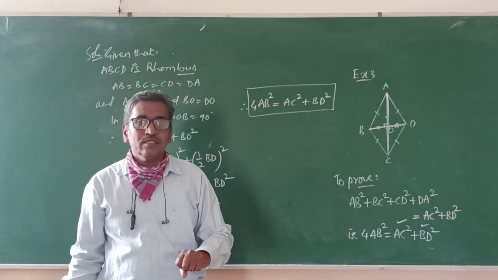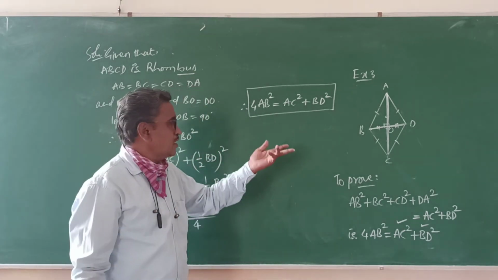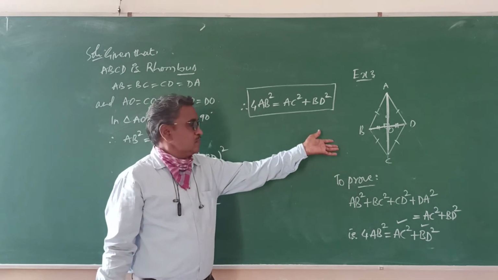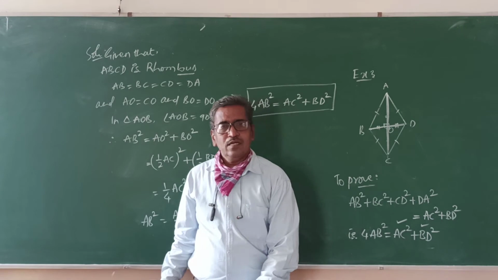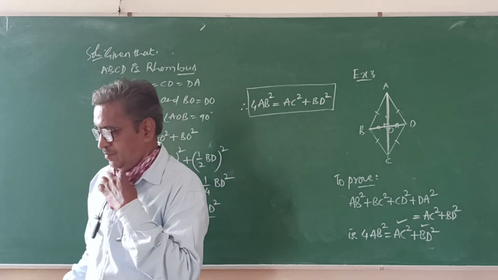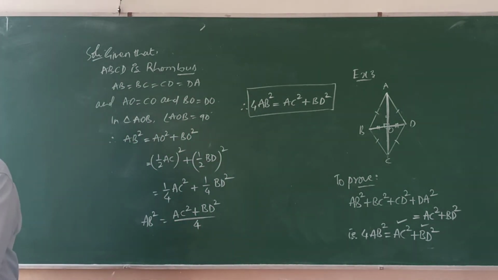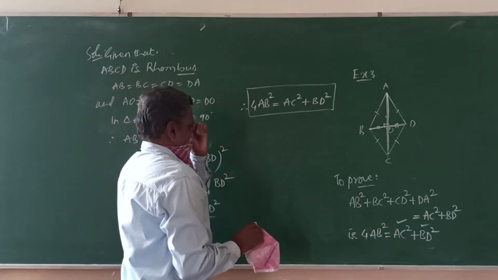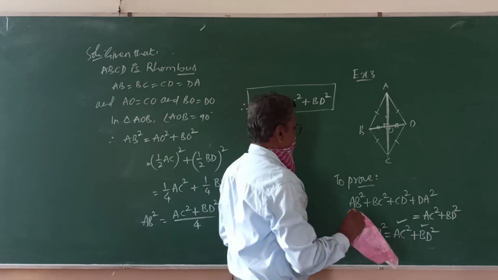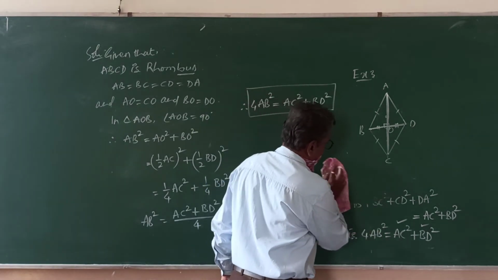Diagonals bisect each other at right angles. Only these two properties of rhombus can tell the relation between sides and its diagonals. Without knowing the properties of rhombus, you cannot prove.